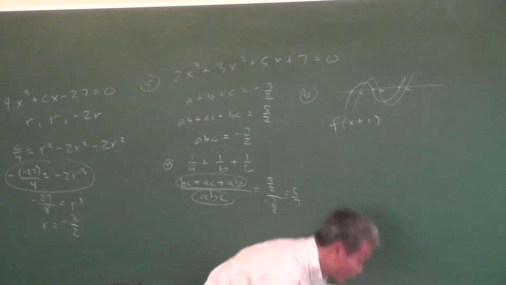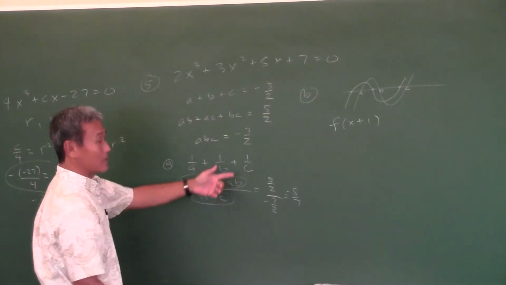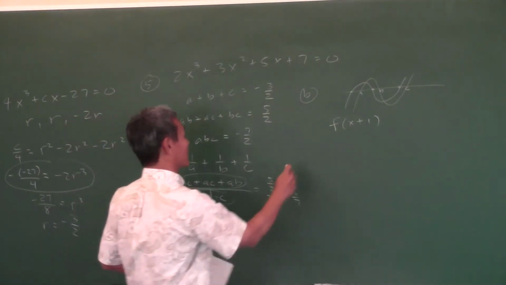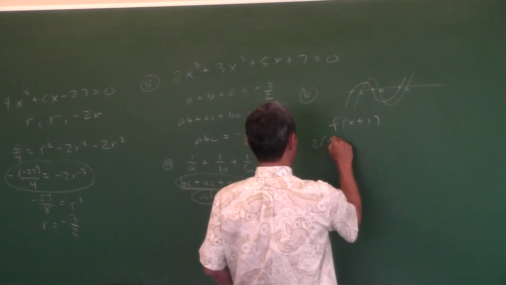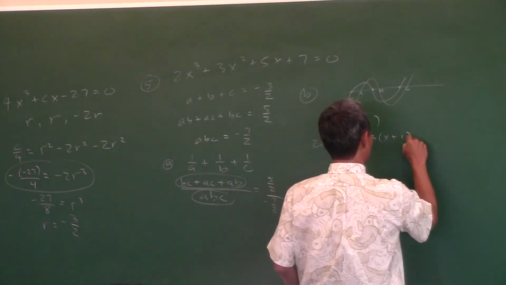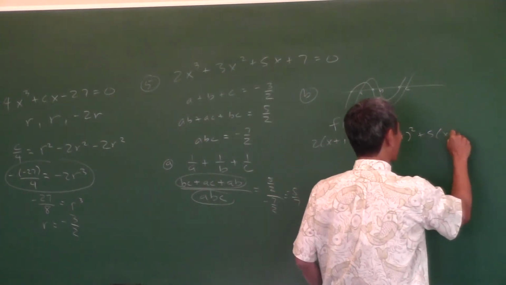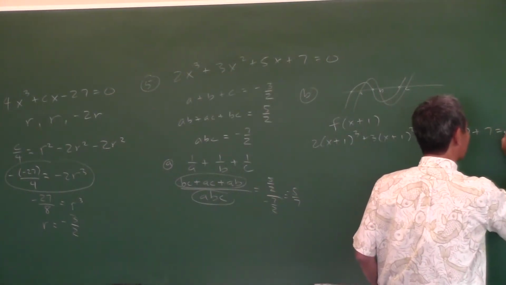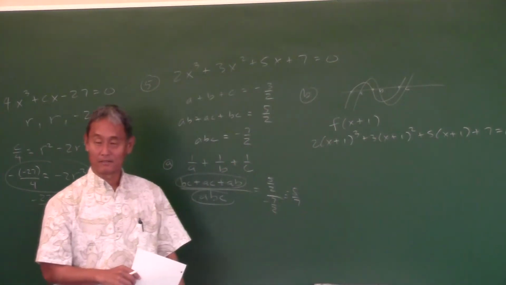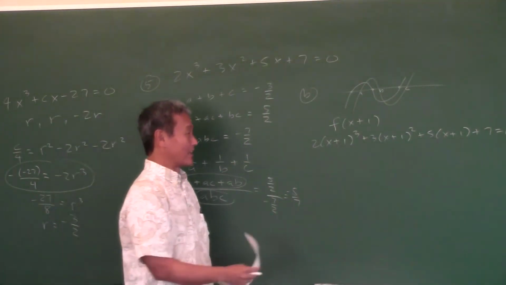So all you have to do is substitute x plus 1 for x in the original equation, and it shifts it 1 to the left. So here's your answer. 2 times (x plus 1) cubed plus 3 times (x plus 1) squared plus 5 times (x plus 1) plus 7 is equal to 0. That's your answer. Then you got to simplify it. I think you guys can multiply.